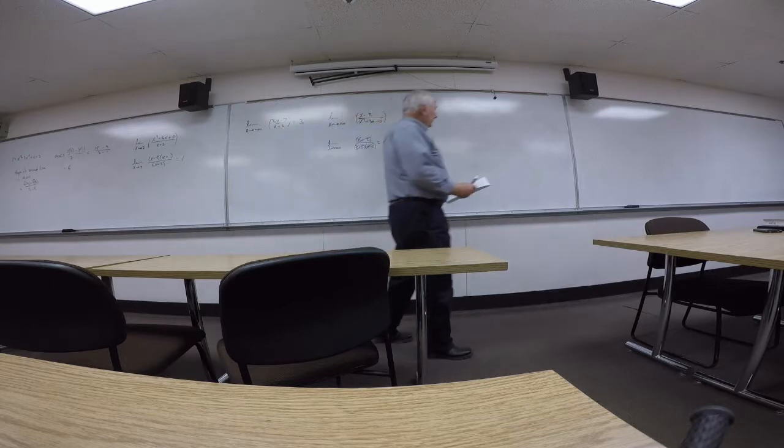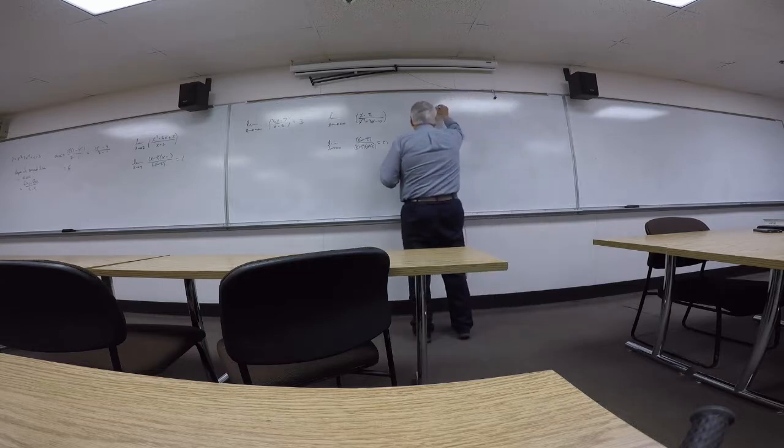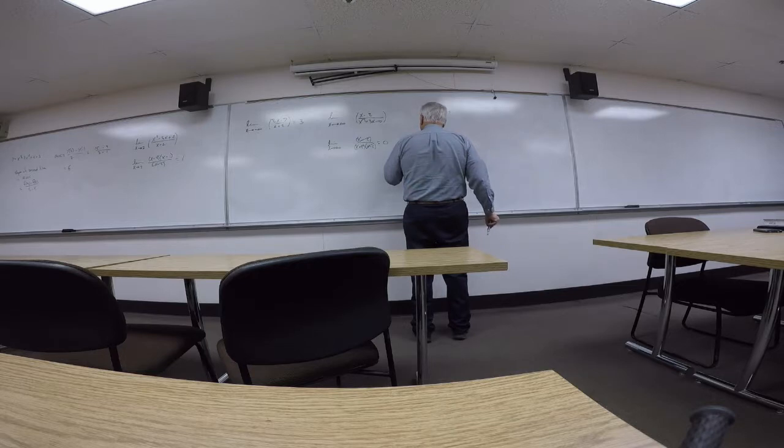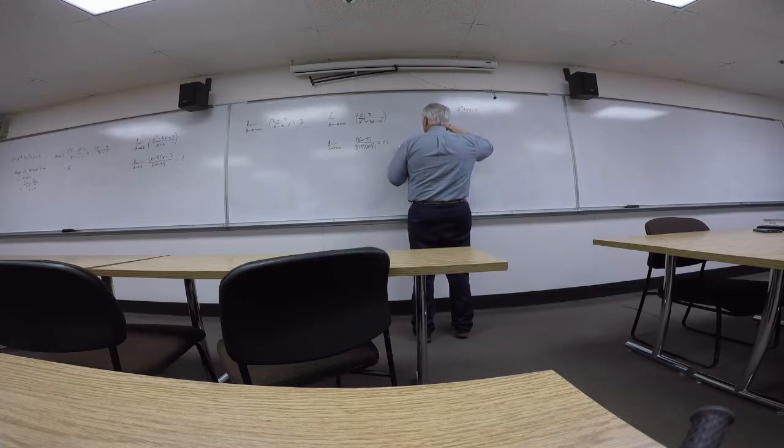Okay. Number 3. We have a function. F of x is equal to x squared plus 4x minus 5 over x plus 2.